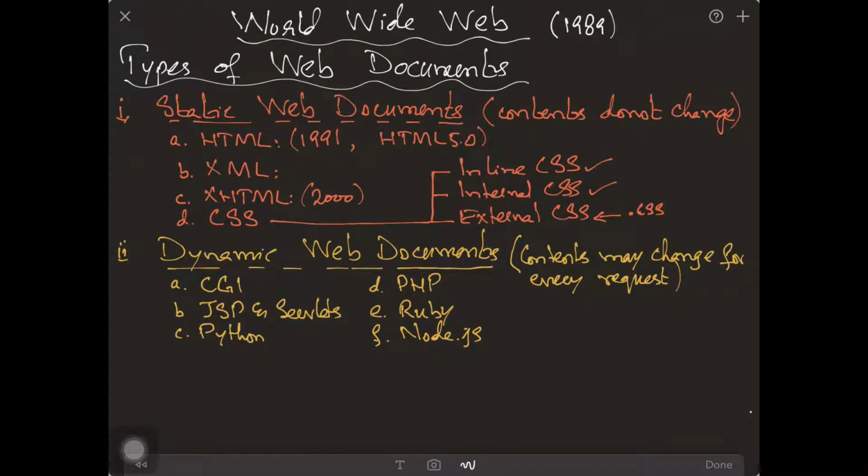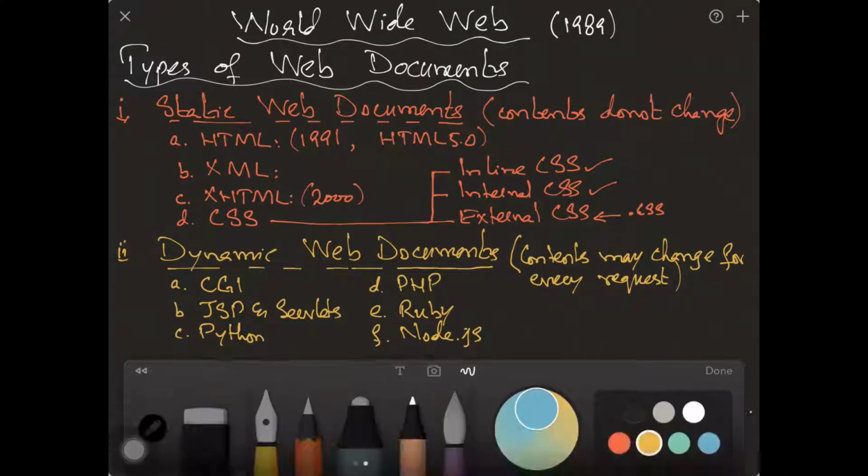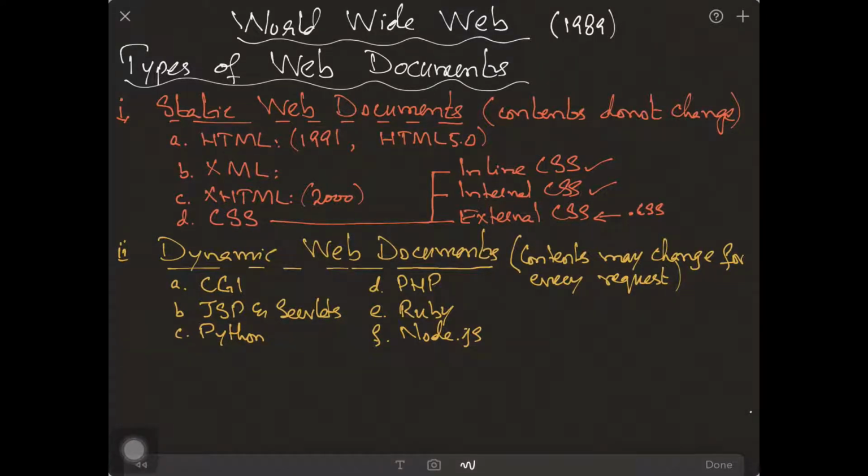Finally, the third type of web documents is known as active web documents. An active web document is actually a program that the web server sends to the browser and the browser runs it locally.